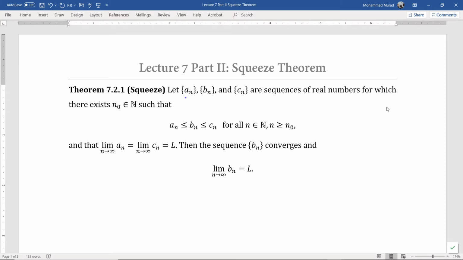Let a sub n, b sub n, and c sub n be sequences of real numbers for which there exists some positive integer n sub 0 such that a sub n is smaller or equal to b sub n, which is smaller or equal to c sub n.